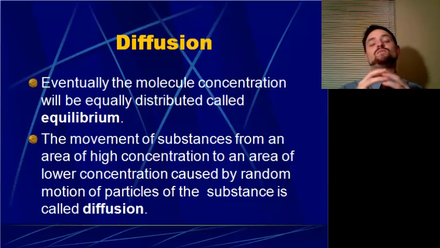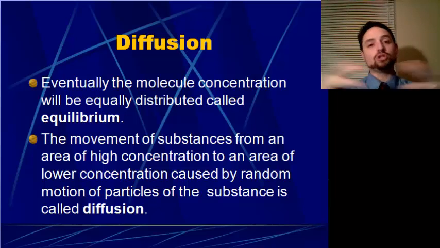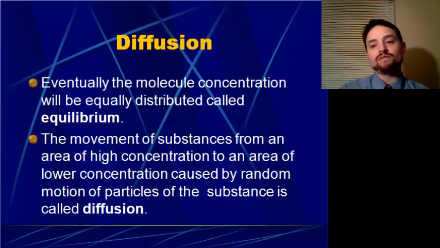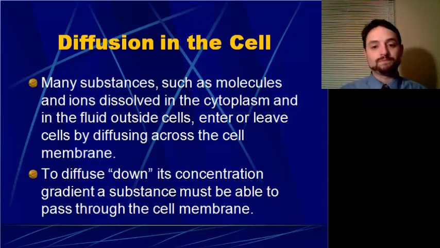And that's because it's reached equilibrium to you and your senses in the room. There's not necessarily one area of the room that is more strong in scent than another, but the scent is kind of equally spread out throughout the room. So the movement of those substances for that air freshener is from high concentration to low concentration in the room. That is simply called diffusion.